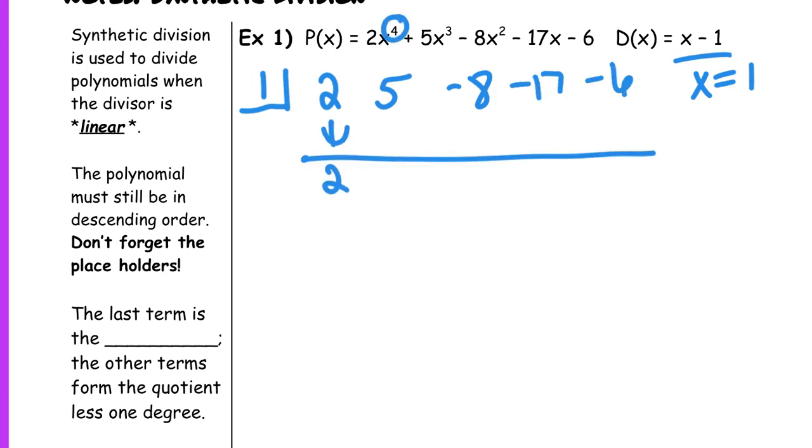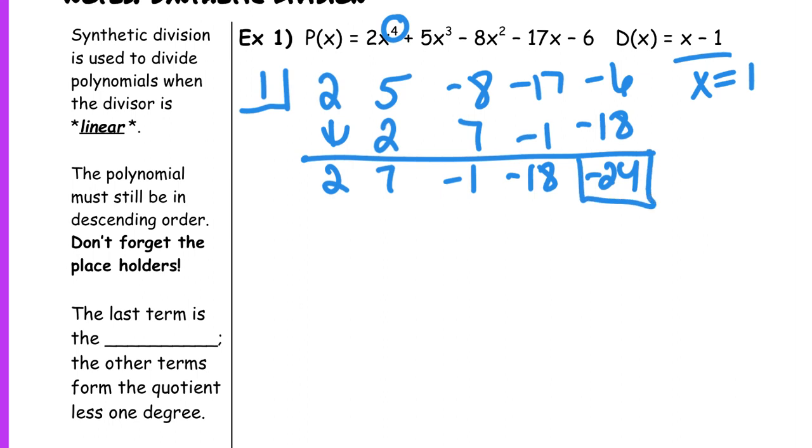So we're going to do 1 times 2 is 2, and then we're going to combine them. 1 times 7 is 7, and we're going to combine them. 1 times -1 is -1, and we're going to combine them. 1 times -18 is -18, and we're going to combine them. The last one will be your remainder.